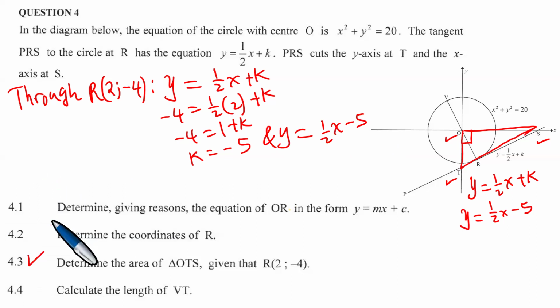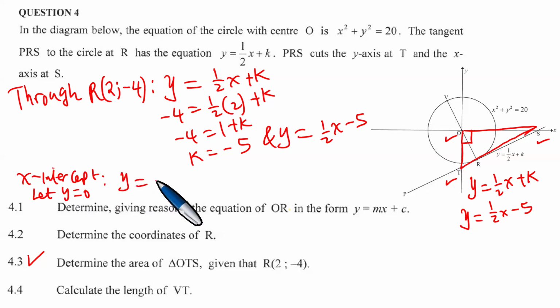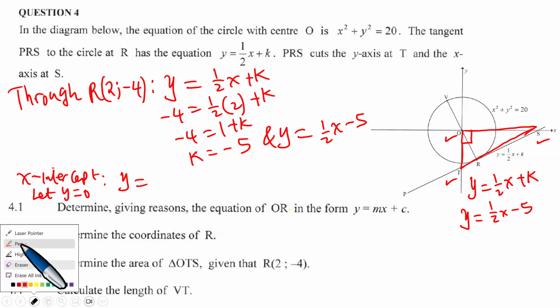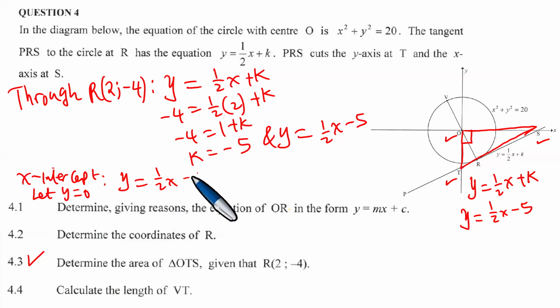Now we are interested in the x-intercept of this line. How do we find the x-intercept? To find the x-intercept, we let y be equal to 0. Y equals 1/2 x minus 5.